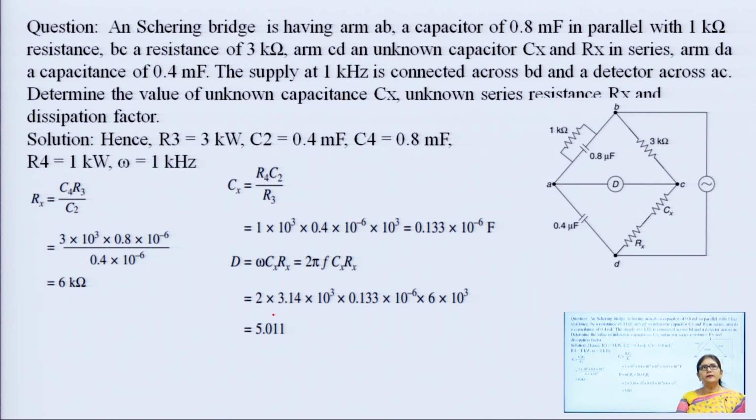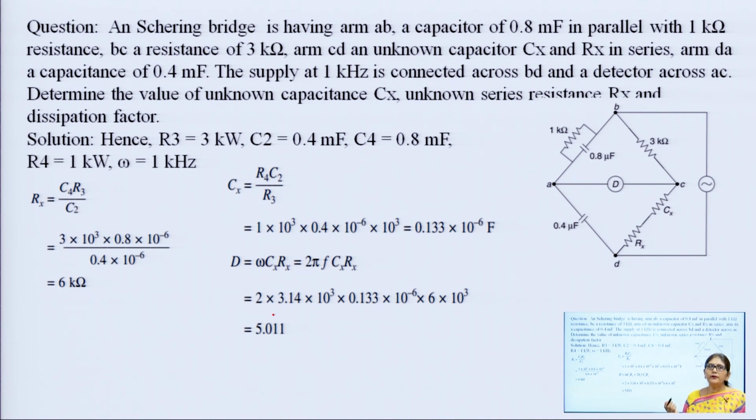Similarly, there is a question to design a Schering bridge having a capacitance of 0.8 millifarad in parallel with 1 kilo ohm resistance, the second arm consists of 3 kilo ohm resistance, and the third arm consists of an unknown resistance whose value we have to find out. Then the fourth arm consists of a capacitance of 0.4 millifarad.